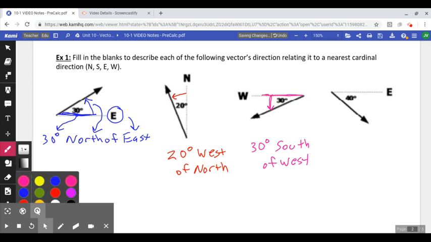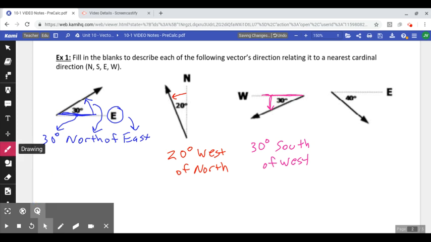Now we'll do this one here. Our reference is east. We're moving south by 40 degrees. So we're going to say that this angle is 40 degrees south of east.